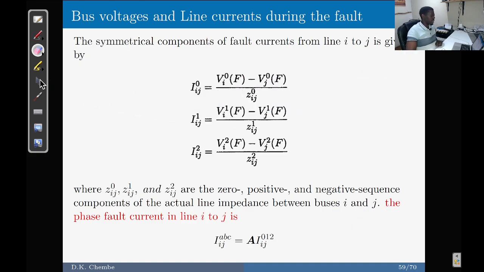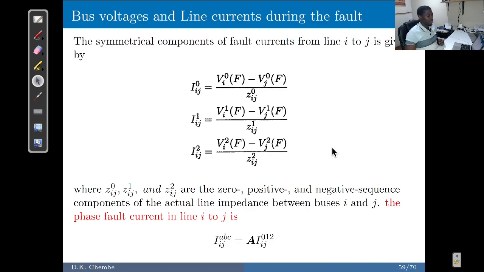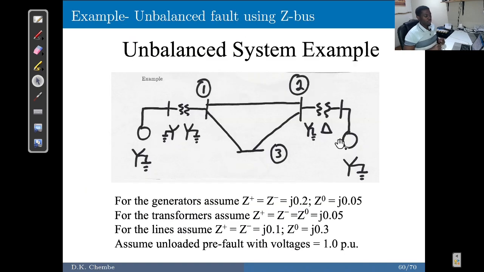Now, for the unbalanced system, you've got a number of activities to look at. One is, let's assume the generators are given as follows. The generator impedances for the positive sequence are equal to the negative sequence, J0.2, and for the zero sequence we have J0.05.